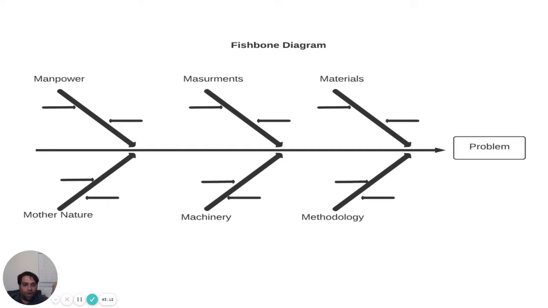You go down, down, down and you can find the root. Suppose somebody says there is a measurement issue. Then you go into the measurement issue, you go to the root of the spinal cord over here and find the problem. That's how it happens.